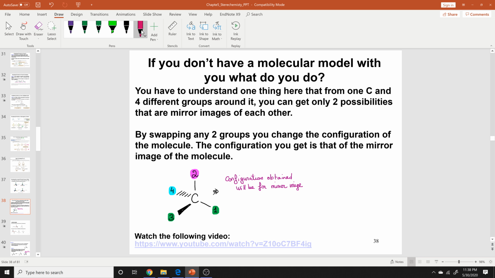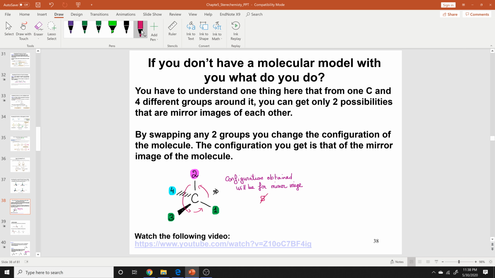My priority is going to be 1, 2, and 3 like that. This is going to be an S configuration. Now that S configuration is for the enantiomer, for the mirror image of the molecule.